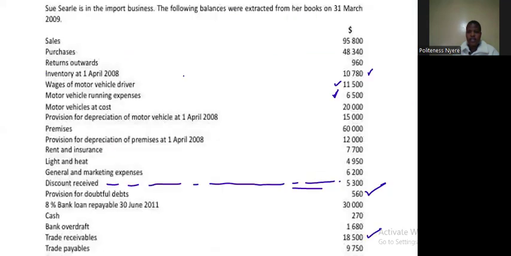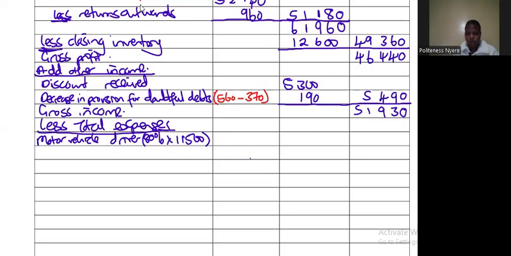We want 80% of 11,500. So we simply calculate to find out. I'm using a separate calculator. So 0.8 times 11,500. We get 9,200. So we write our 9,200.